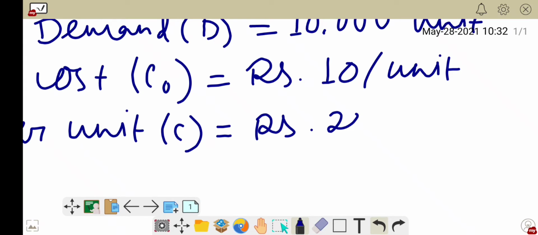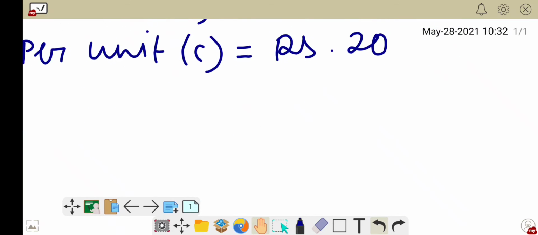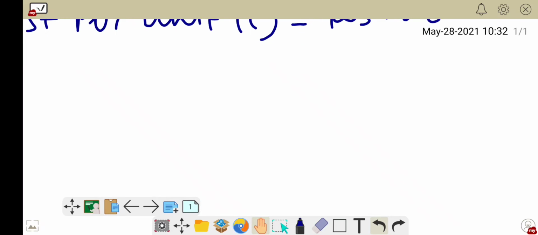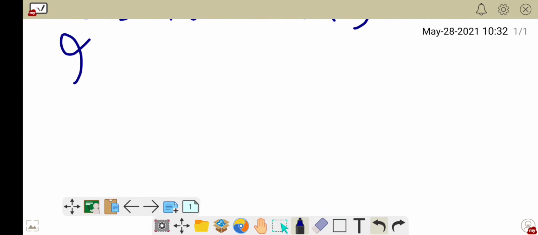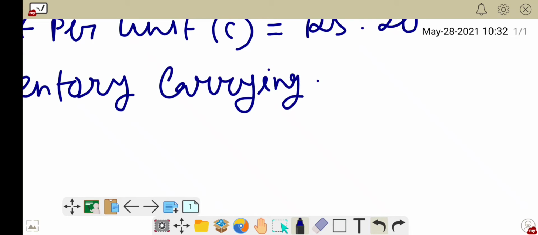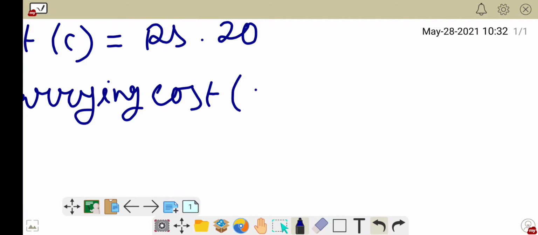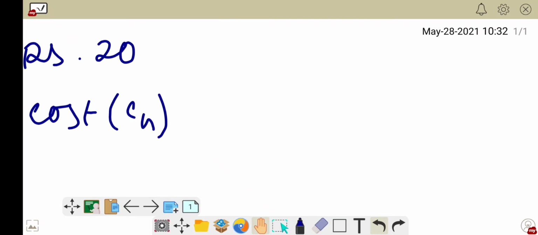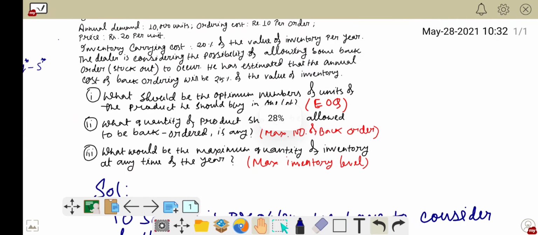Okay, and inventory carrying cost. So what does it mean, inventory carrying cost? In brackets we will denote that with CH, equals to the percentage of inventory carrying cost, 20% of the value of inventory per year.